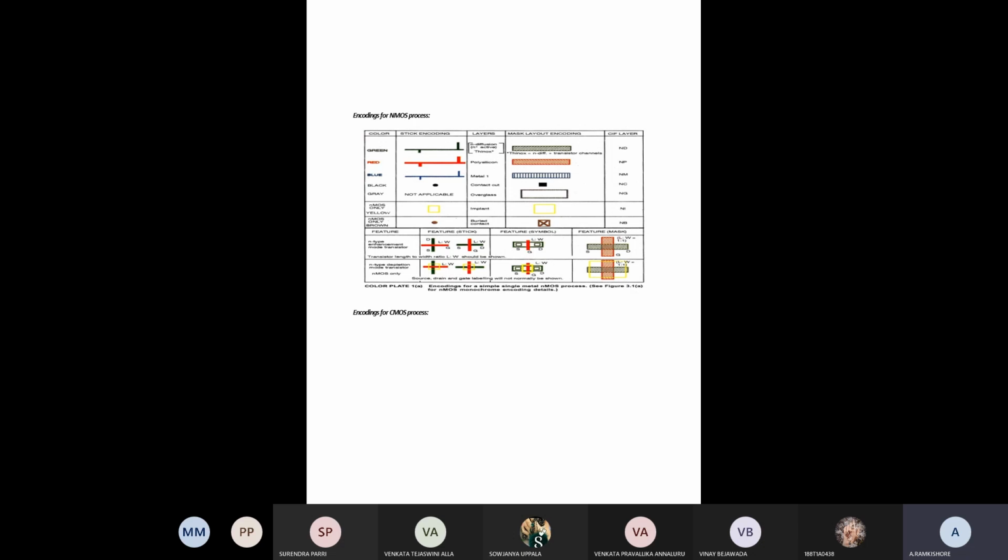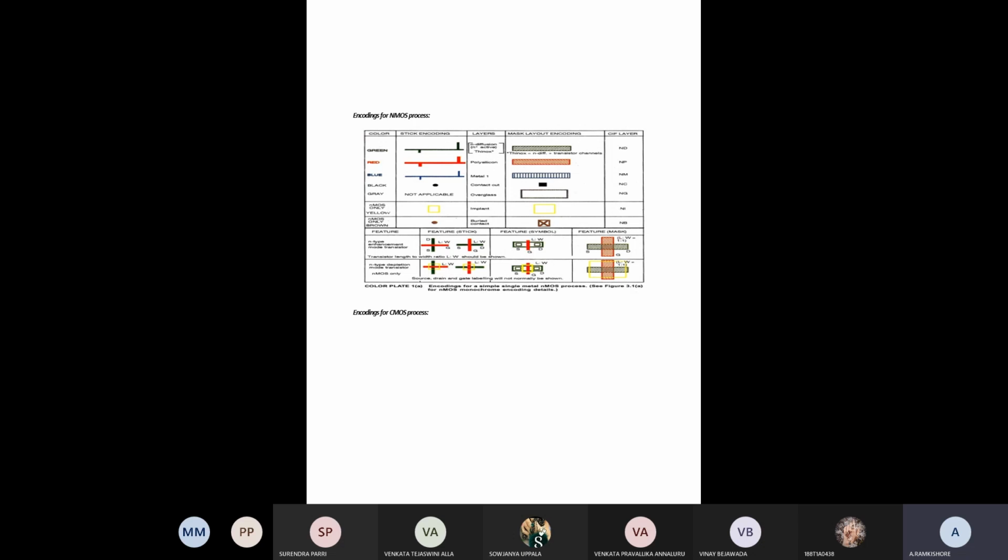Next, we have to use a buried contact, which is shown with brown color. That will be a brown thin dotted line, or a square within the square box in the mask layout encoding.